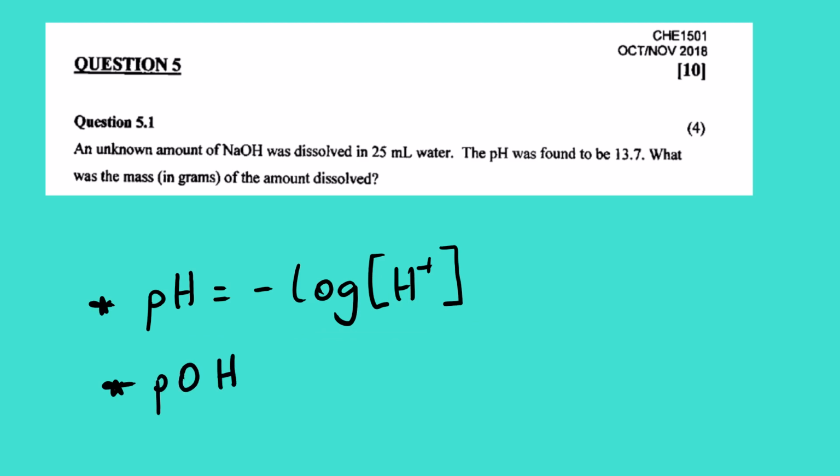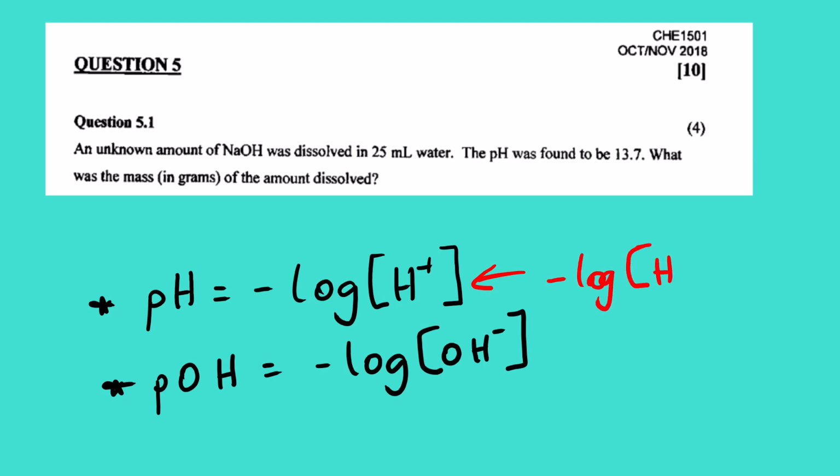We are going to use pOH, which is equal to negative log of hydroxide ion. Remember, this can also be expressed in terms of negative log of the concentration of hydronium, that is based on Arrhenius theory. So the relationship between the two equations, we can say pOH plus pH will give us 14.